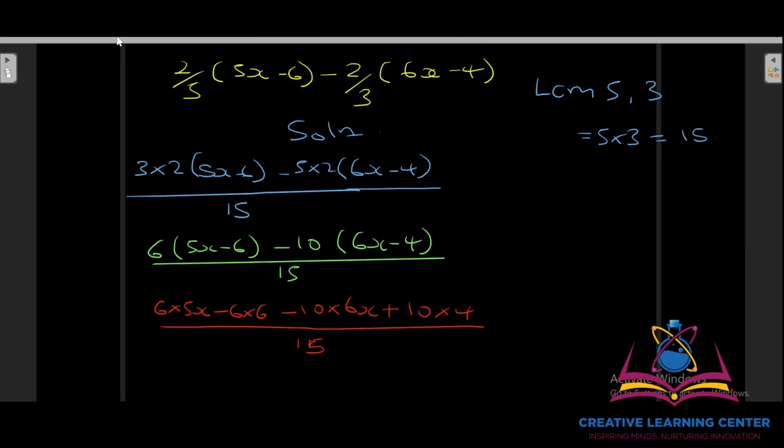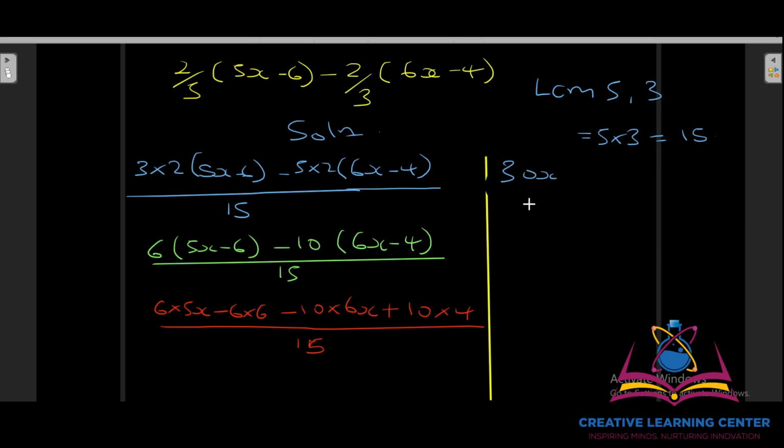Let's move on. Then after here, let's try to draw a line to separate the two. That means that if I have multiplied 6 times 5x, this must give us 30x.